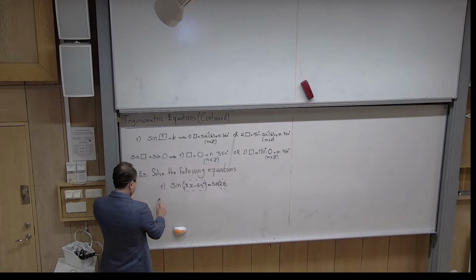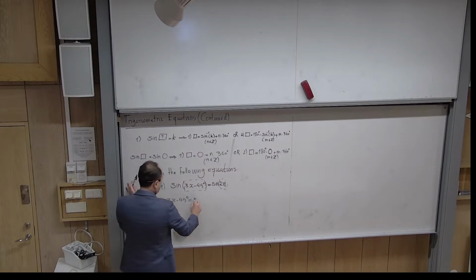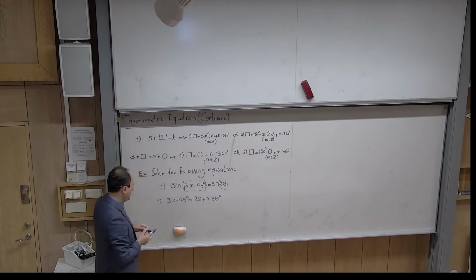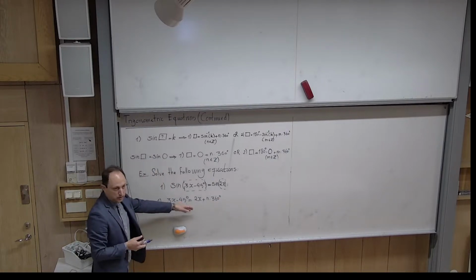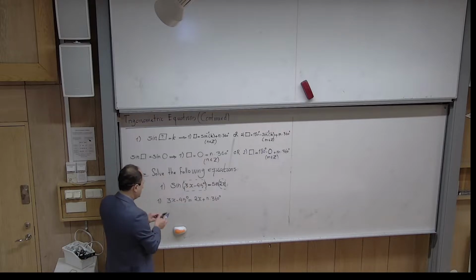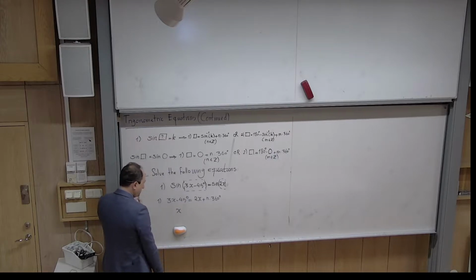Number one, what is inside the box is equal to what is inside the circle plus n times 360 degrees. But you know that you are looking for x, so that's just a simple Math 1 equation. You just move it to the other side. Let us do it in our head. 3x, and then I move it to the other side, it becomes x. And then I have to move 45 to the other side.